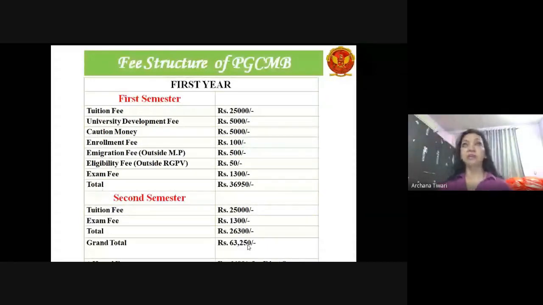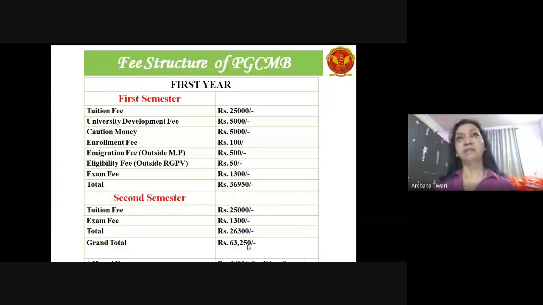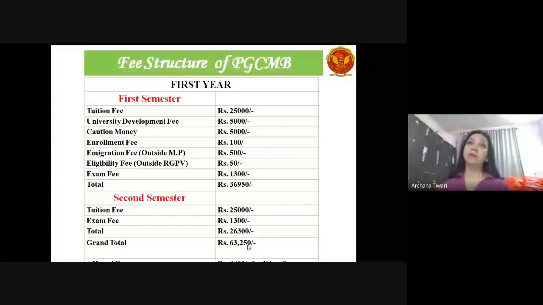That is for the first semester, 6,400 rupees is the hostel fees for the room rent, out of which 4,000 is the caution money. Only 2,400 rupees is the room rent for 6 months for the first semester, and subsequent semesters, second, third, and fourth, along with the mess fees.